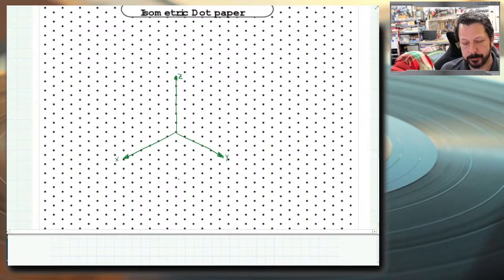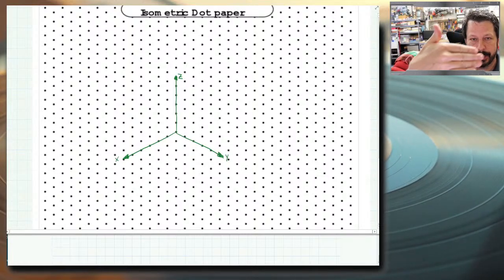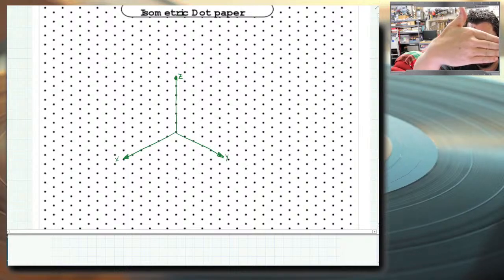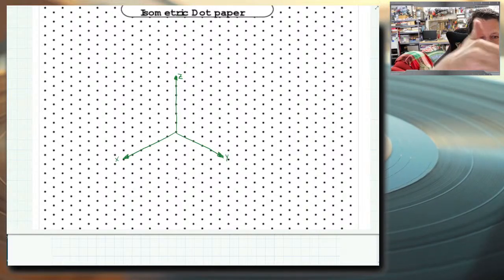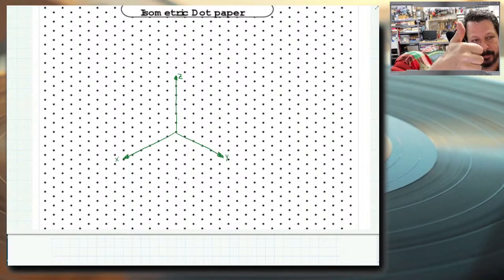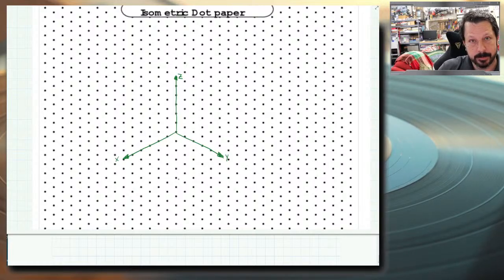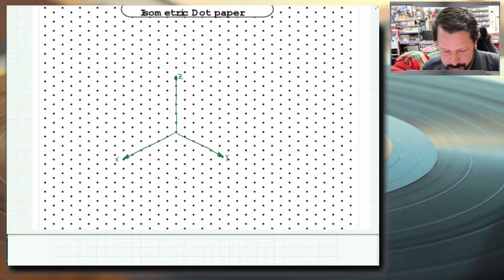So that's the reason for this arrangement of X, Y, and Z, so that I have a positive Z going up, which makes X go kind of towards your left. And then if you curl your fingers from the X-axis to the Y-axis, the only way your hand can do that is if the thumb is pointing upwards, and the thumb direction is the positive Z direction. That's called the right-hand rule.